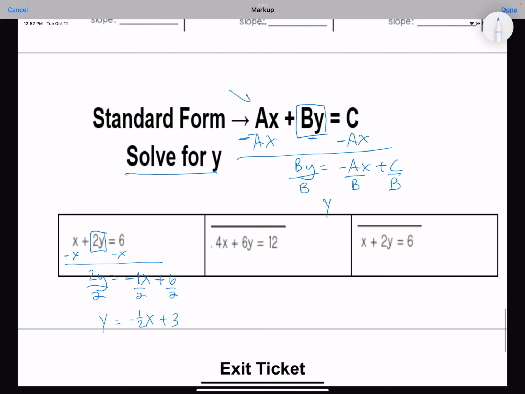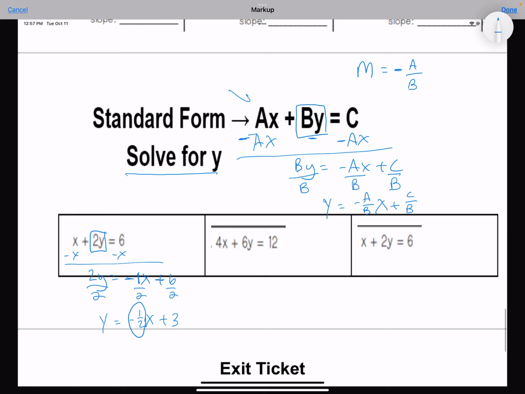Here I have y equals the opposite of a over b, x plus c over b. So what this means is anytime you're given standard form, now my slope I know is negative 1/2. Slope, when given standard form, there's a shortcut. It's going to be the opposite of a over b.